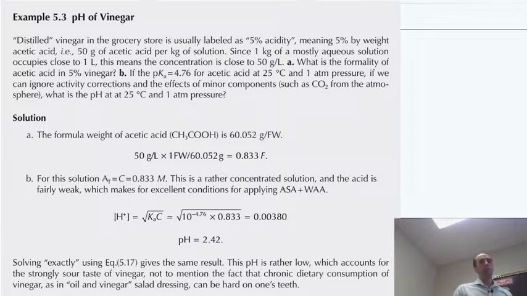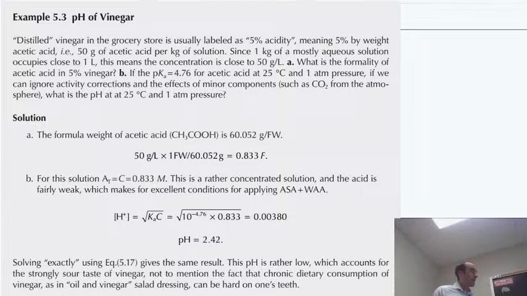And then B, if the pKa is 4.76, which looks a little familiar, that's pretty close to what we were solving earlier for the previous example in the Excel. If that's the condition at 25 Celsius and 1 atm, and we can ignore activity coefficients and any minor components like dissolved CO2, what is the pH under these conditions?